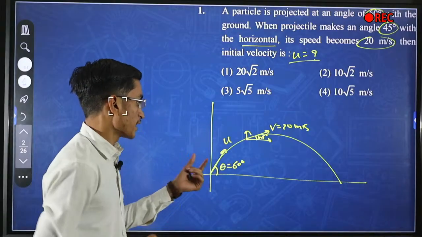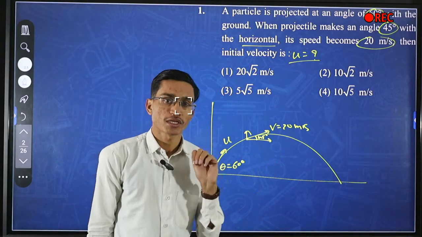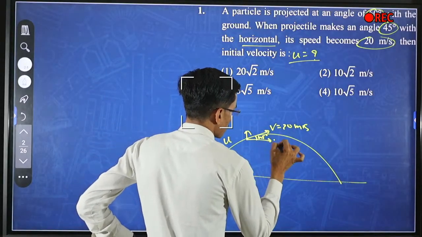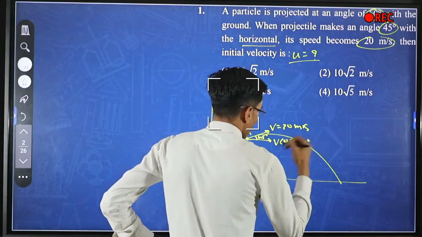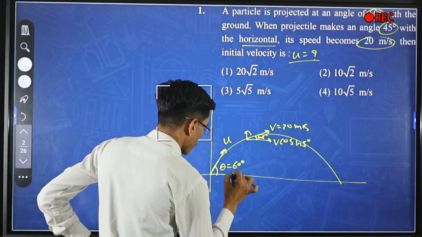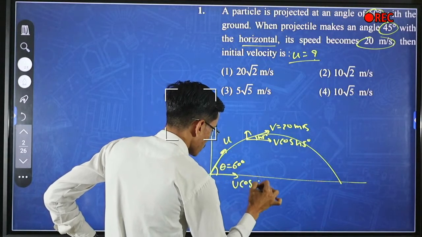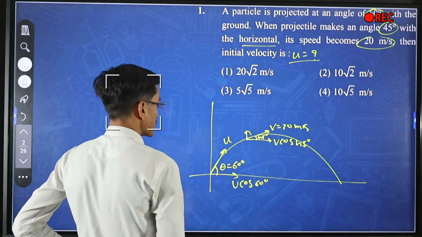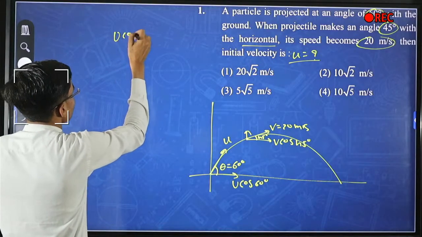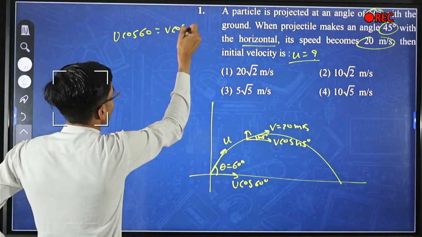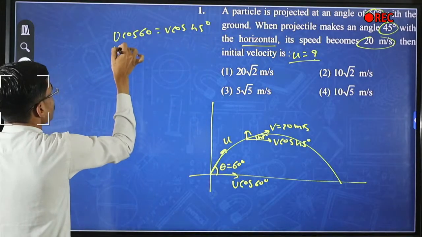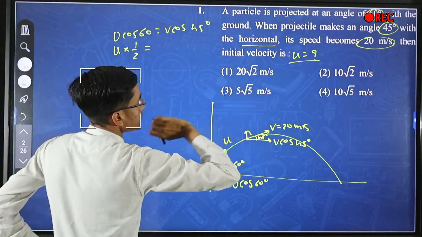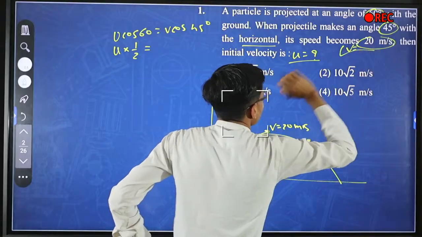In projectile we know that the horizontal component of velocity remains constant throughout the motion. At this point the horizontal component will be v cos 45, and initially it is u cos 60. So u cos 60 and v cos 45 will be the same at all times. So u cos 60 is equal to v cos 45. cos 60 is 1 by 2, and v is given as 20 meter per second at 45 degree.